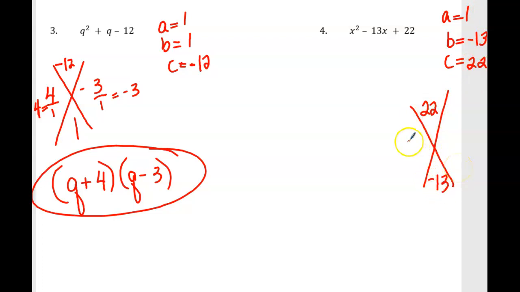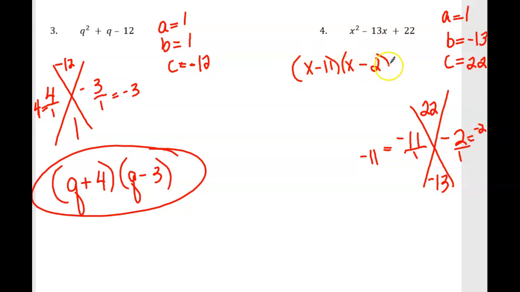I can take negative 11 times negative 2, and that's going to give me positive 22, and when added together it gives me negative 13. I'm then going to divide by that 1 again, and I have negative 11 and negative 2. So my variable is X, so this would be X minus 11 times X minus 2. And that would be my answer.